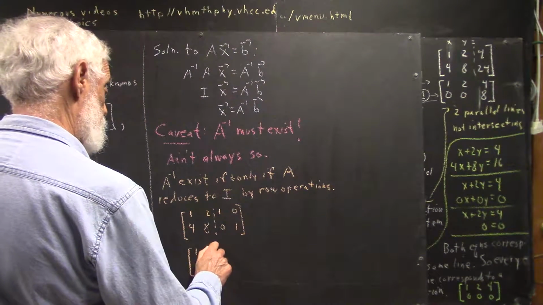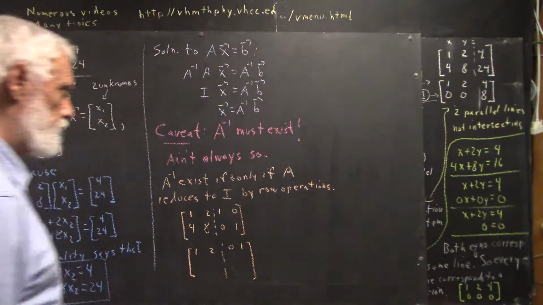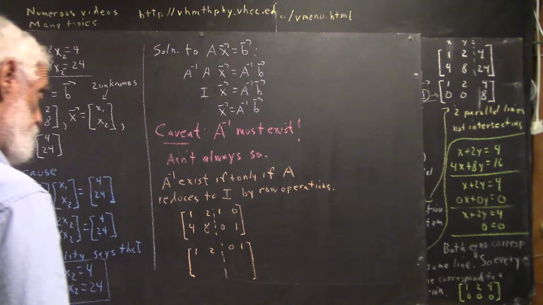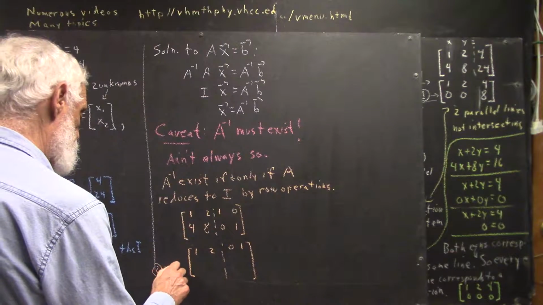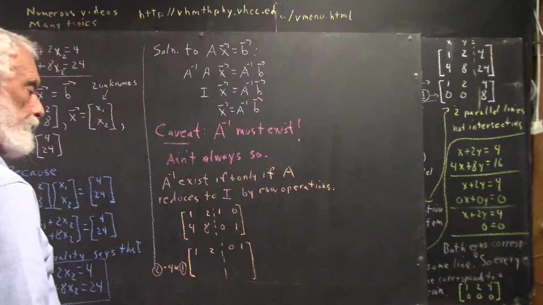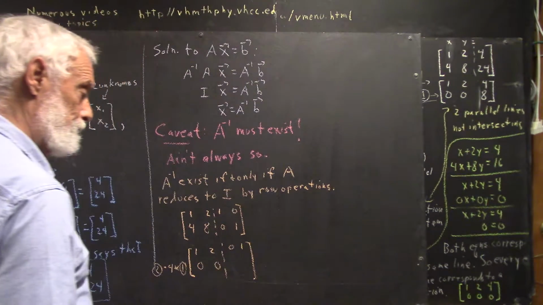We've got our 1, 2, 0, 1. And the obvious thing to do is subtract 4 times the first row from the second, and we're going to get 0, 0.